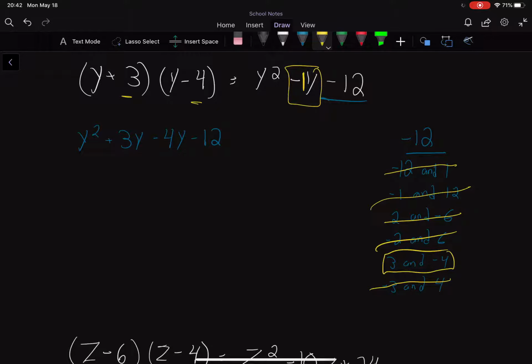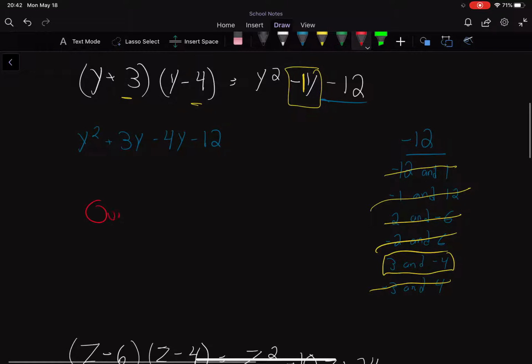So we see here that our C value has us determine which factors to choose. So our C value tells us we need 2 factors of this number.